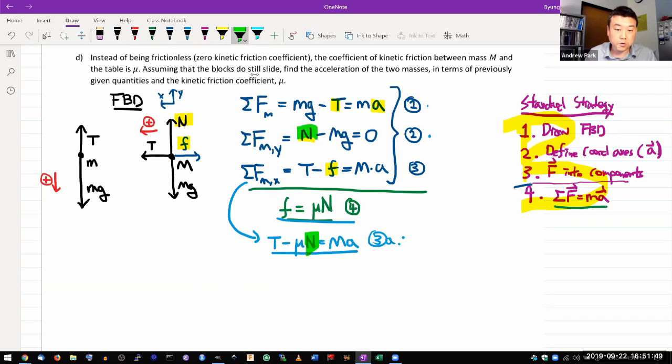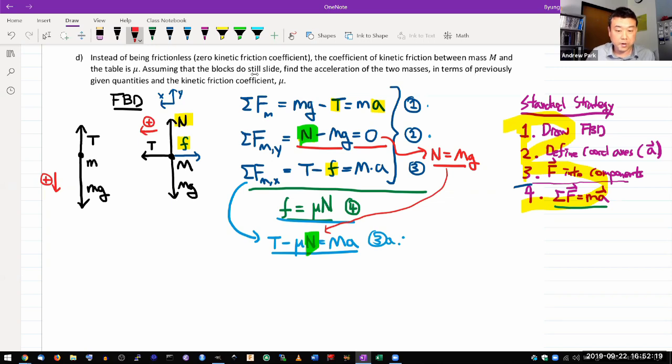The normal force occurs in 2 places, so I decide which equation I'm going to use to solve for it, and use that as a tool to eliminate it everywhere else. This equation is a little bit simpler, so I'm going to use it to solve for normal force there. So normal force is mg. This is one of the simpler scenarios. Now I can use this to eliminate normal force everywhere.